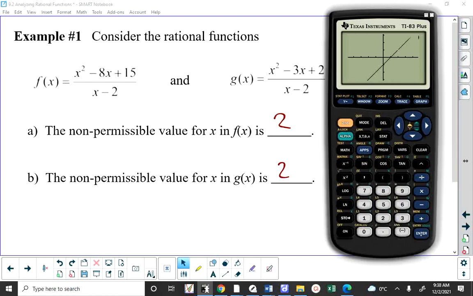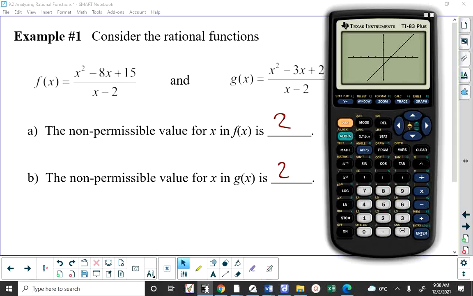If you go zoom decimal, a lot of the time your calculator will show you the opening in the graph. But that's not a very good representation of what's going on, because that opening is infinitely small, which is why you really ought not to be able to see it. So what does this look like? It is a line that goes through 1 on the x-axis, -1 on the y-axis, but at x equals 2, there's a hole.